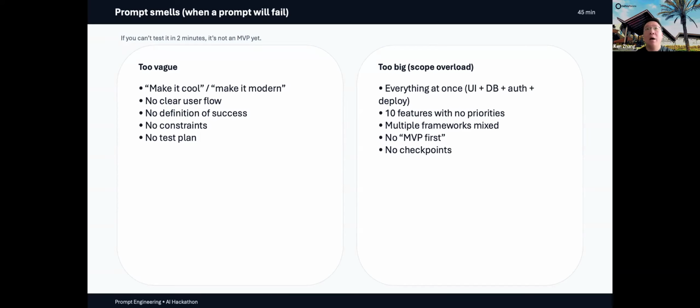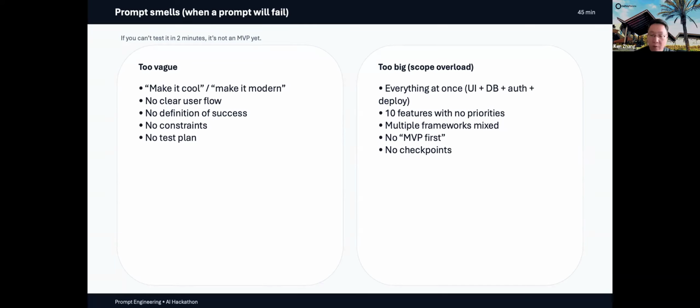So in this case, you cannot ask to build everything at once, and also you cannot ask ChatGPT or the Codex, I mean, you can, but it won't be efficient, to generate 10 features with no priorities, with no main ideas. And of course, multiple frameworks mixed, and also you cannot build something without any MVP first, or with no checkpoints.